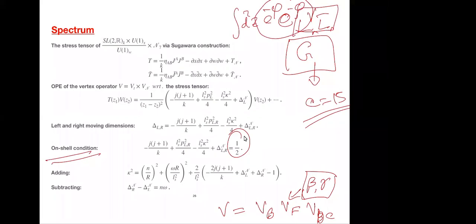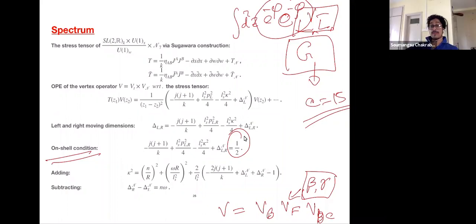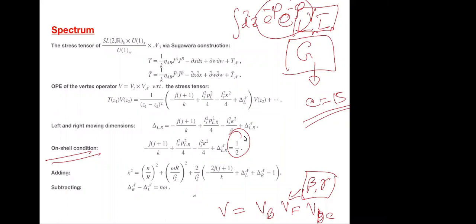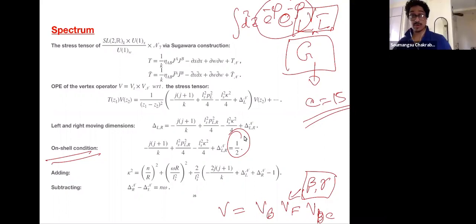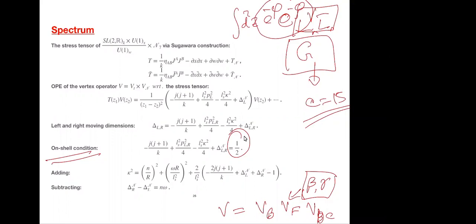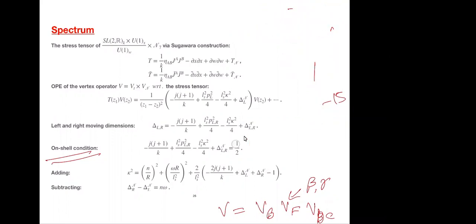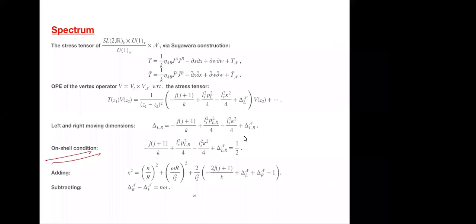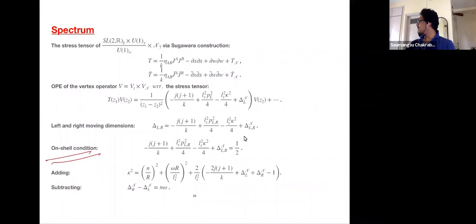Sorry, but then you are in the NS sector, is that correct? I'm in the Ramond sector of the space-time theory. The space-time theory, okay. You mean the worldsheet? In the worldsheet it will be NS. But you can have both NS and R sectors of the worldsheet contributing to a given sector in space-time, right? Yes, both sectors will be contributing.